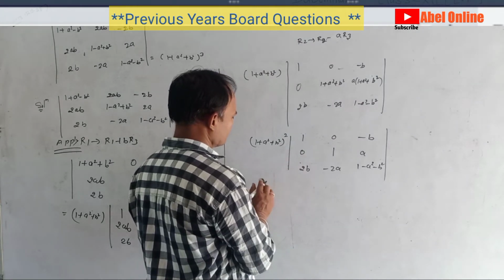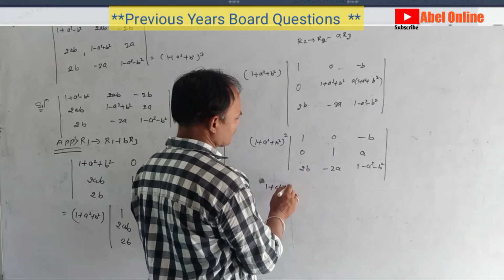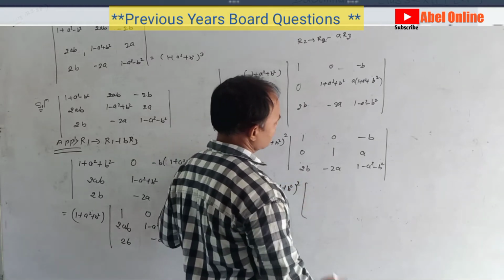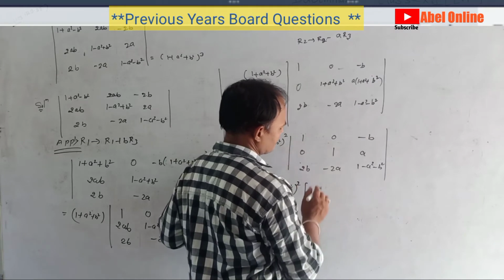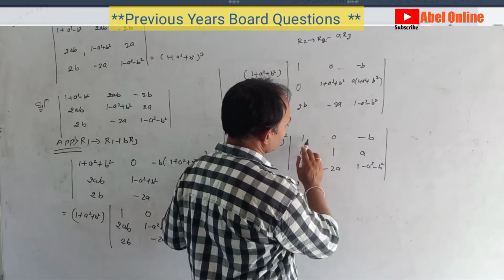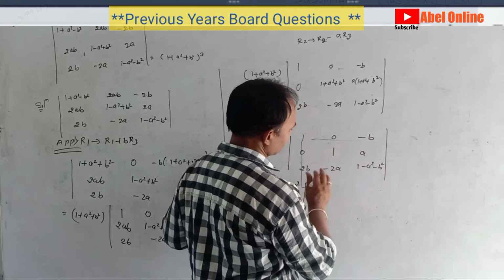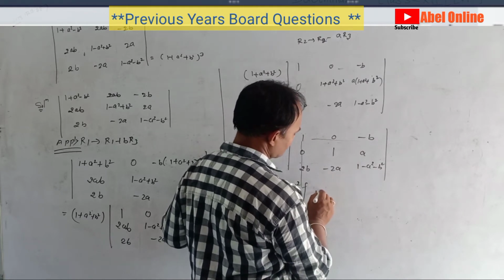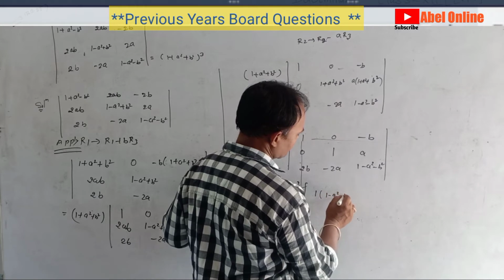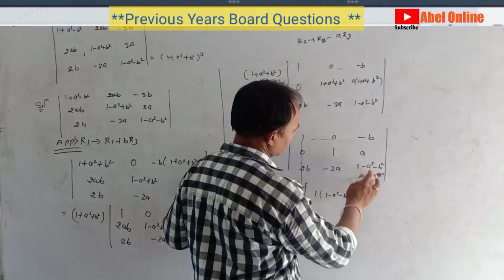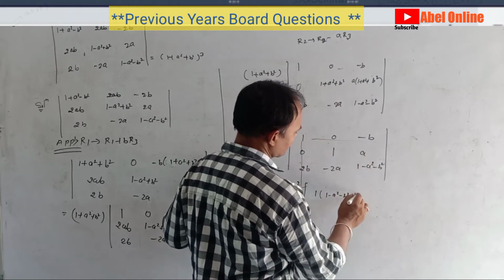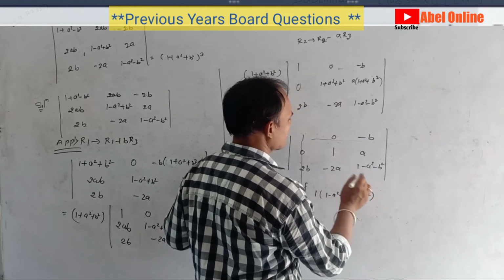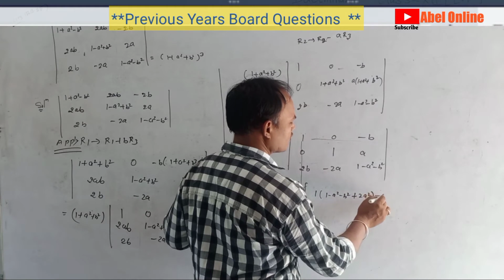This is 1 plus a square plus b square to the power 2, and what about here, it is 1, and when I am going to use 1, so it is 1 minus a square minus b square minus plus it is 2a square. Okay, and here it is 0, so it is 0.